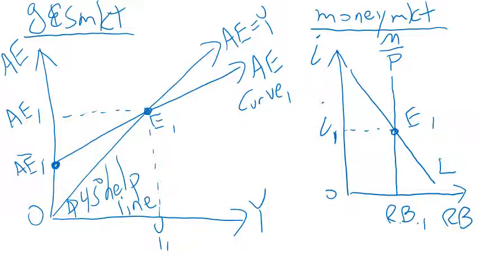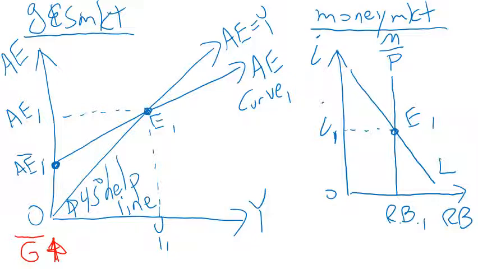let's assume that there's an increase in autonomous government spending. All right, so where does the event start?